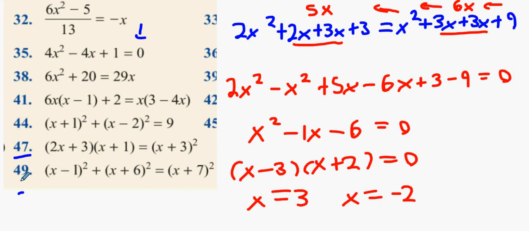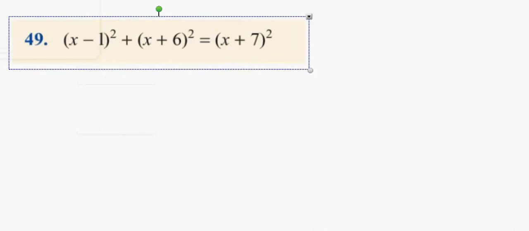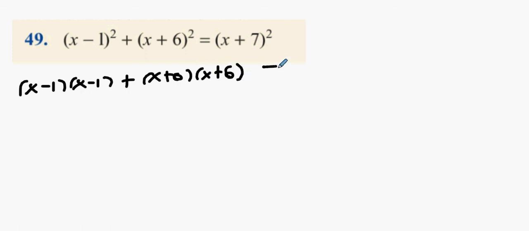In class now, try 49. It's quiet. This is x minus 1 plus 6 equals x plus 7.